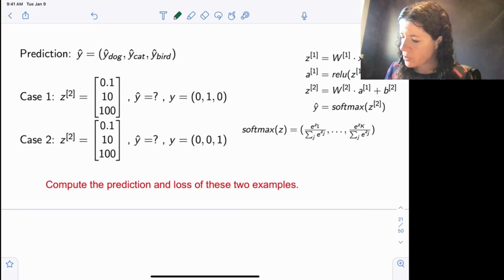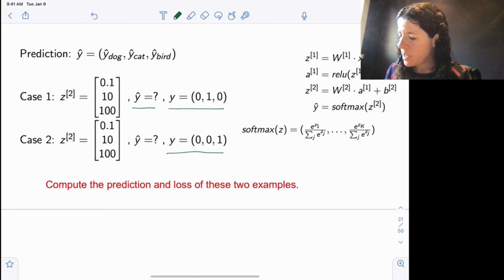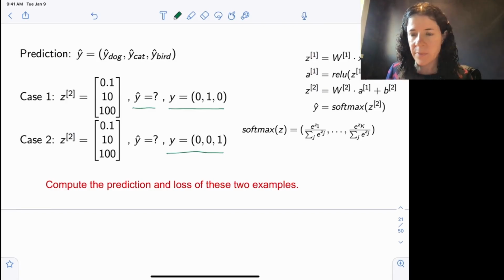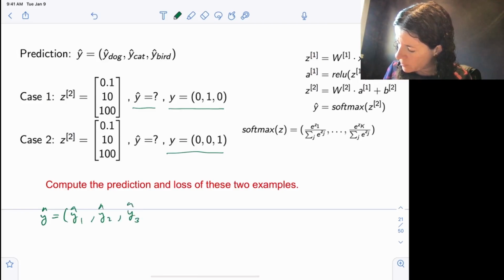We're going to compute y hat, so all the probabilities, and then we're going to take this as our y, and compute the loss. So y hat is a vector of dimension 3, right? So y hat is going to be y hat 1, y hat 2, y hat 3.